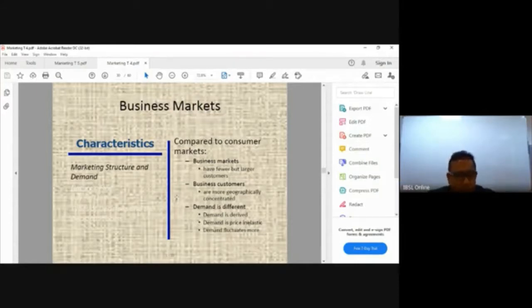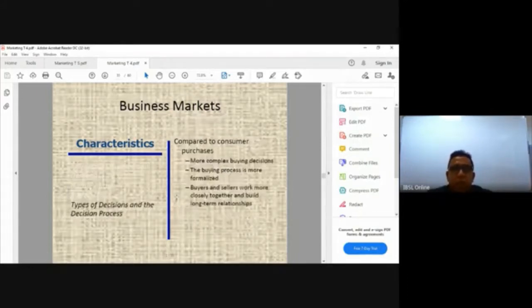It's a more impulsive type of buying behavior for individuals, but there is no impulse buying for business. Business buying is a more logical, well thought out set of decisions.